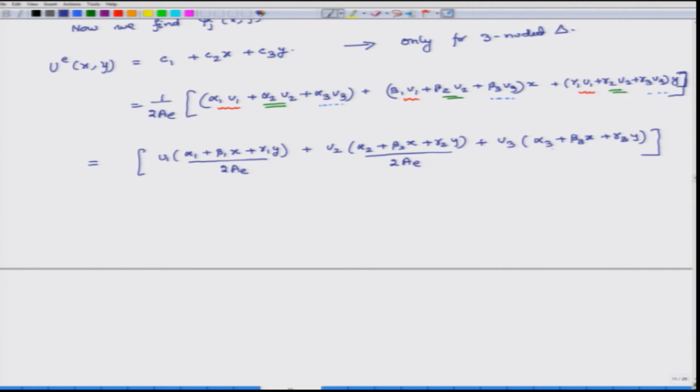So, this function I call psi 1 xy, this function I call psi 2 xy, this function I call psi 3 xy.